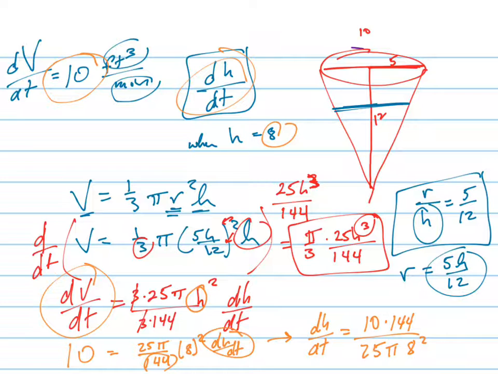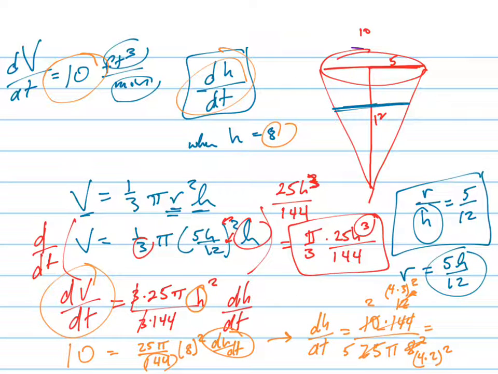So now I just cancel if I can find anything that cancels. The 5 cancels, and you get a 2 and a 5 there. 144 is really just 12 squared, so you can cancel a bunch of stuff out. I can see that there's a 4 and a 3 in there, so that's 4 squared and 3 squared, and this is like 4 times 2 squared.